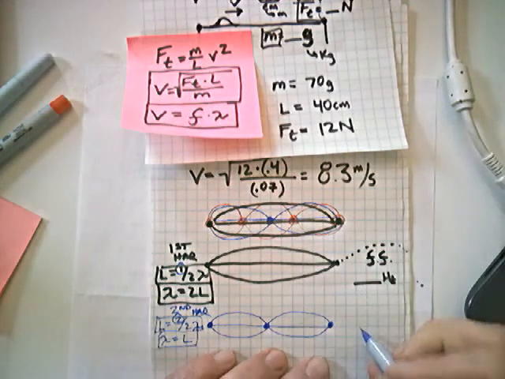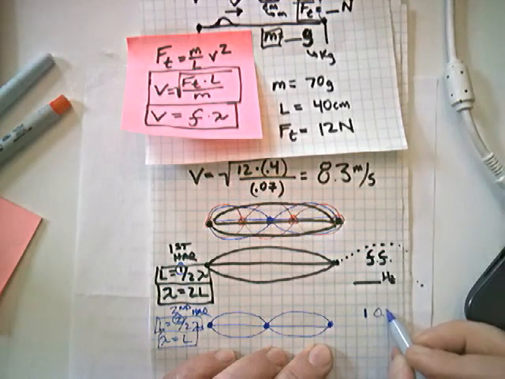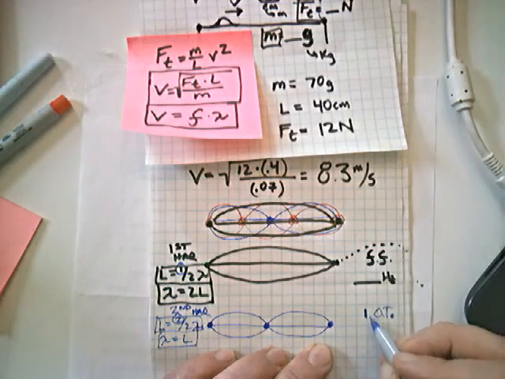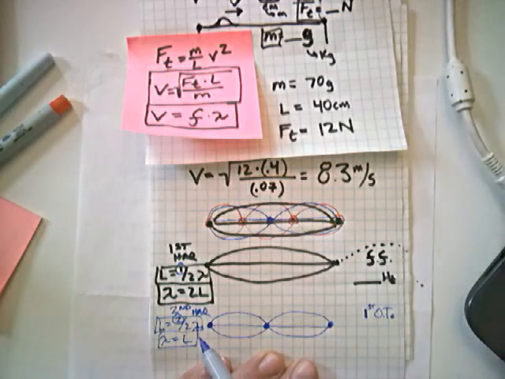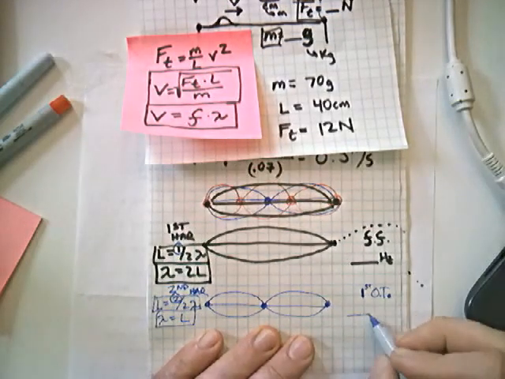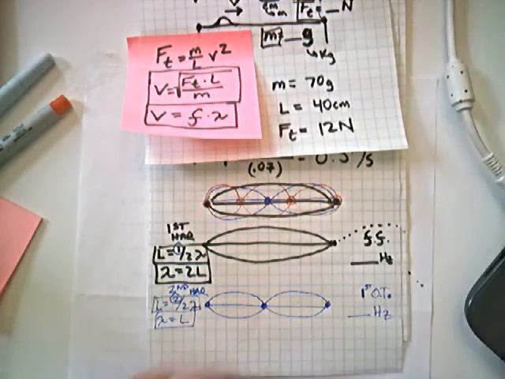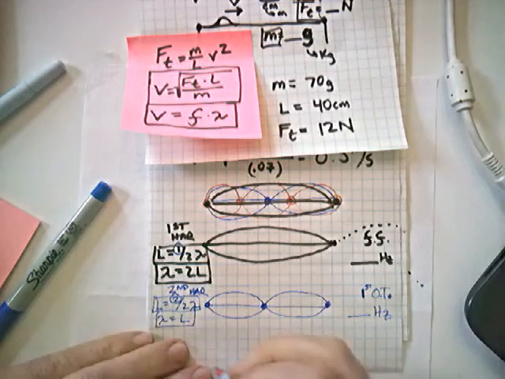Now if we come over here, we would call it its first overtone, OT for overtone. The first overtone is the same as saying the second harmonic. And so for this example, we could also find out its frequency. And the last thing that I had drawn looked like this.